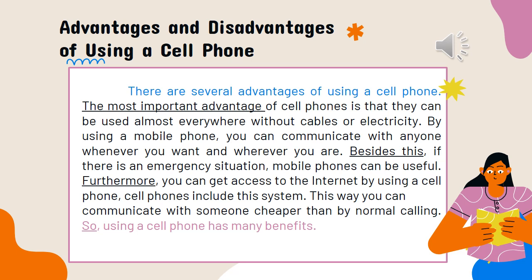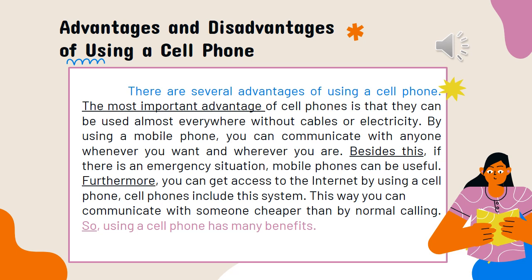So the most important advantage of cell phones is that they can be used almost everywhere without cables or electricity. This is the first supporting detail that supports my main idea that there are advantages of using a cell phone. And again, you can look at the words that are underlined, the most important advantage, the first one that I introduced.